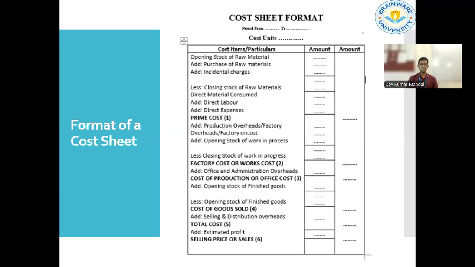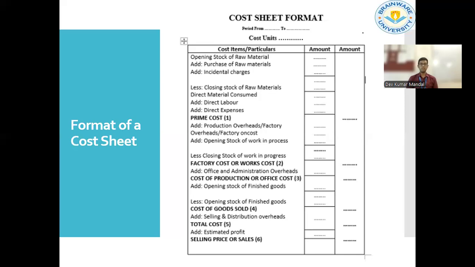First, it starts with the opening stock of the raw material. Then we add the raw materials, then add all the direct expenses, minus closing stock of raw materials. This comes to the prime cost. After calculating the prime cost, we calculate the factory cost by adding the factory expenses.